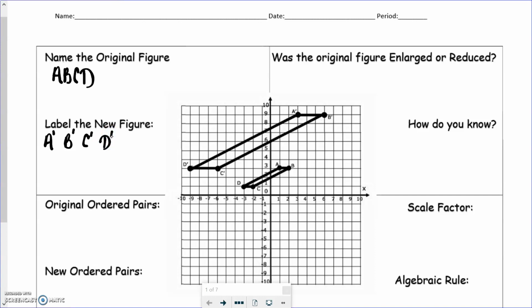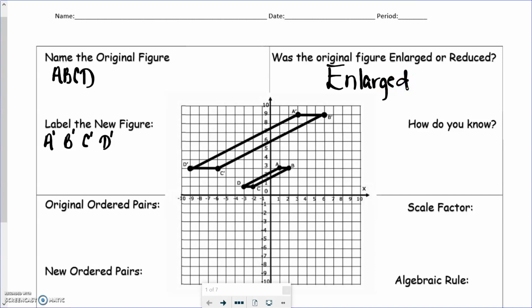Okay, so it says, was the original figure enlarged or reduced? So if my original figure was the smaller one, and the new image, so my pre-image was the smaller, my image is A prime, B prime, C prime. I know that because it has prime notation. It's bigger, so it was enlarged.